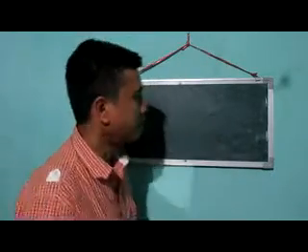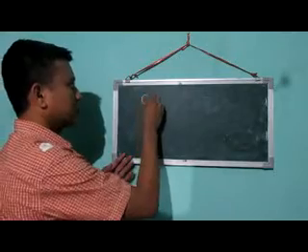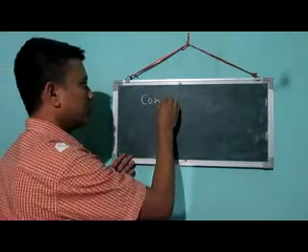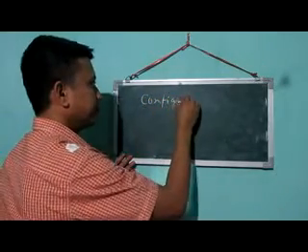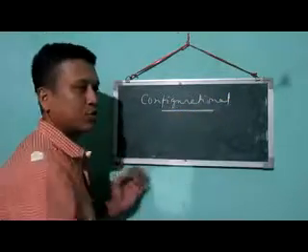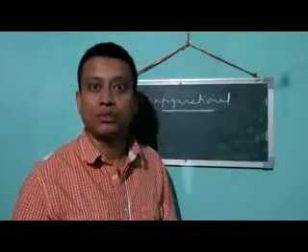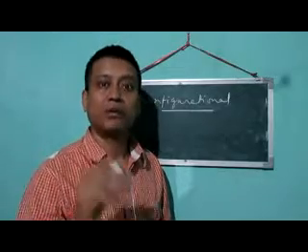Now we will go for another type of isomerism, that is called configurational. We have discussed conformational, now we are discussing configurational. Now configurational isomerism, here we do not have to apply mechanical force. Here we have to do some chemical operations.